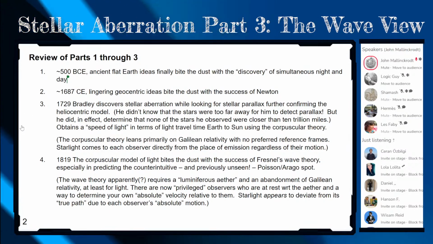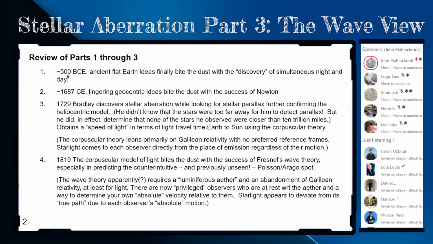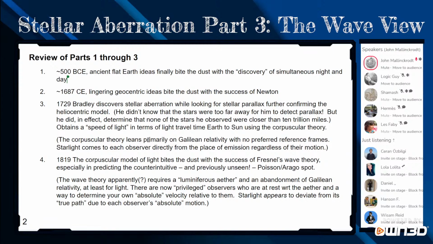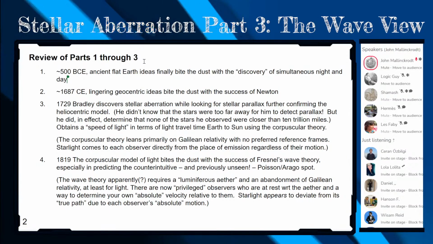And that's what Bradley was doing in 1729 when he created a telescope that was sensitive to motions of the stars from their average positions by something like 4 or 5 seconds of arc, maybe even as low as 1 second of arc.